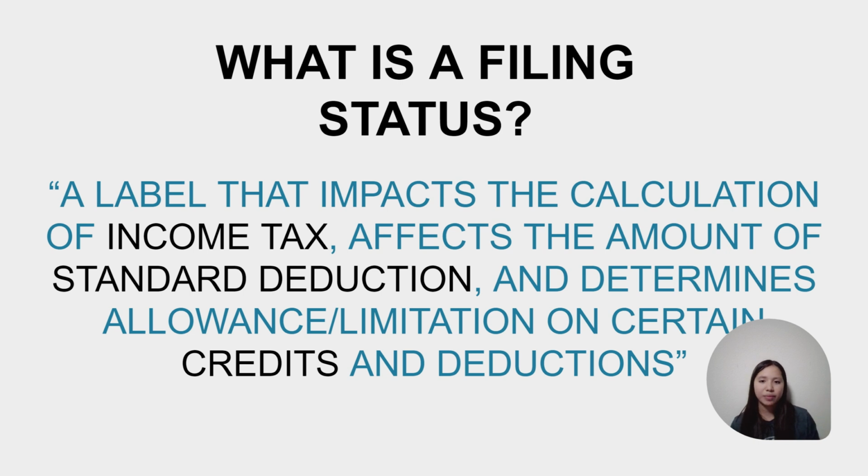If you have a certain filing status, you'll have less tax. If you have a different filing status, you might be subject to more taxes than if you had claimed a different filing status, which is why it's really important to determine the best filing status for each taxpayer, because they might qualify for more than one filing status.